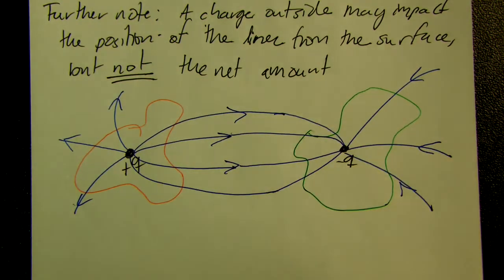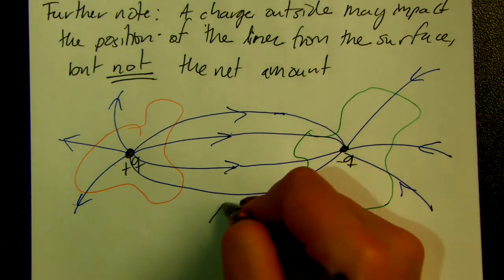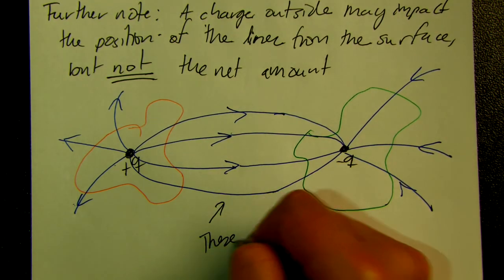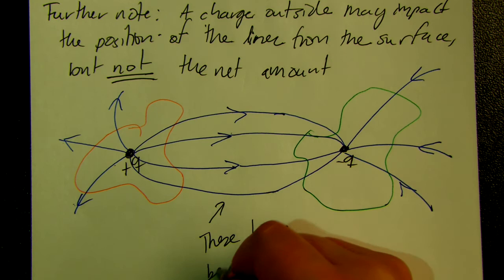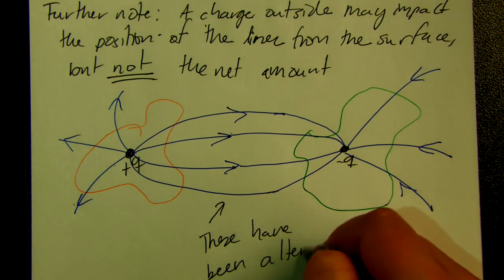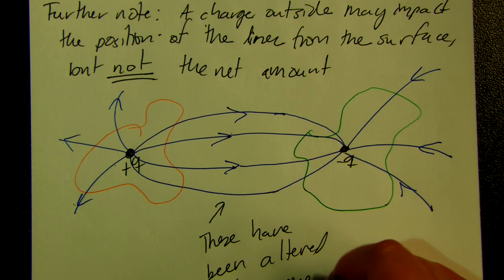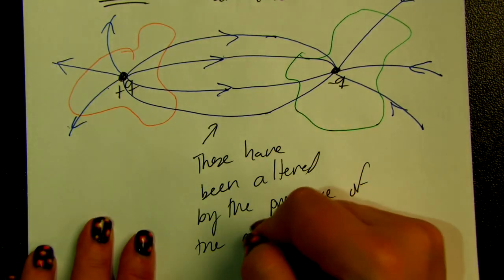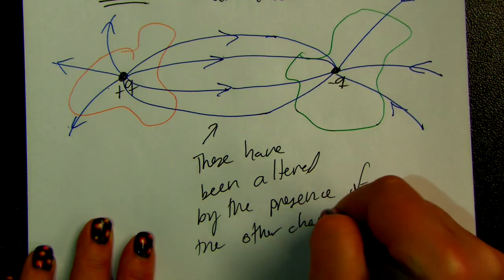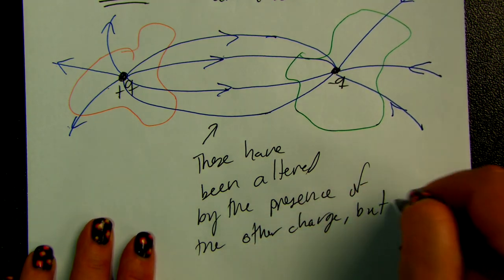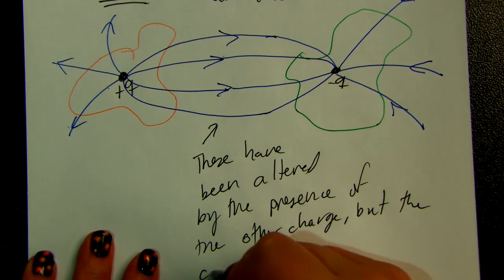And we can see these field lines here. These have been altered by the presence of the other charge. But the count stays the same.